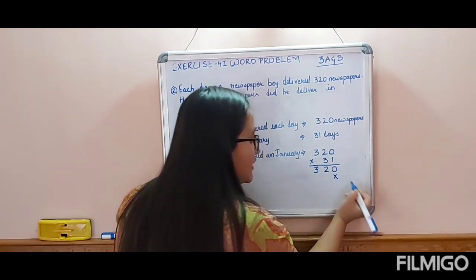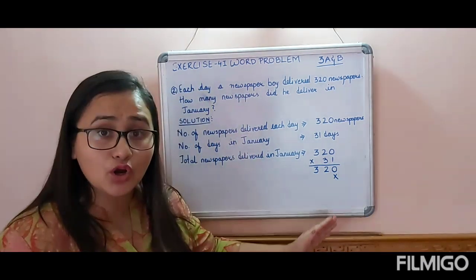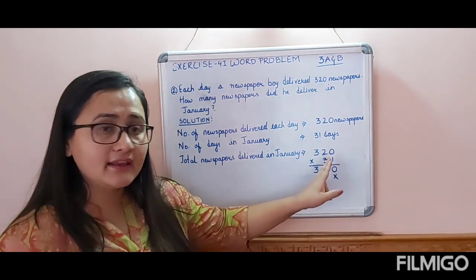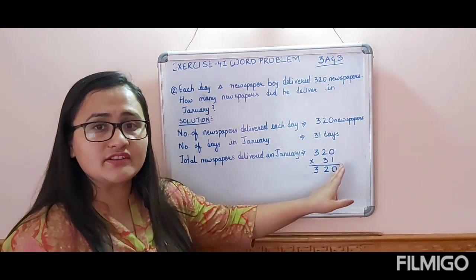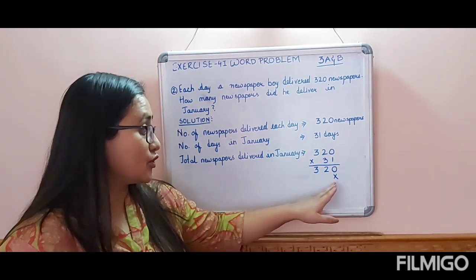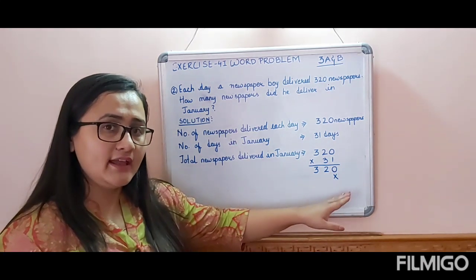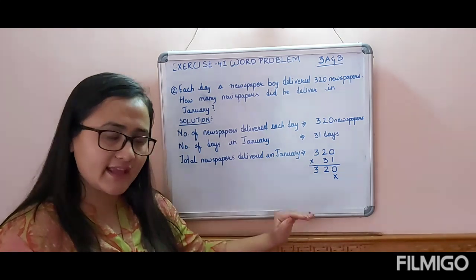Then you will put a multiplication sign in the ones place because we have finished multiplying the number in the ones place. So we will put a cross and we will write the number only after the ones place in your second step.